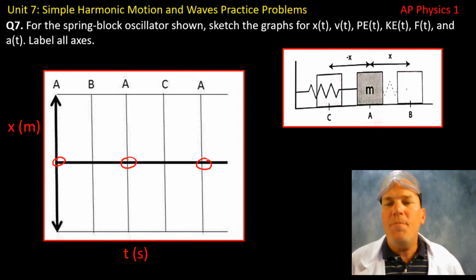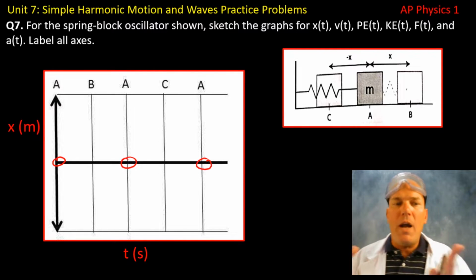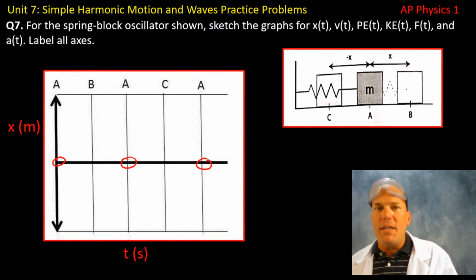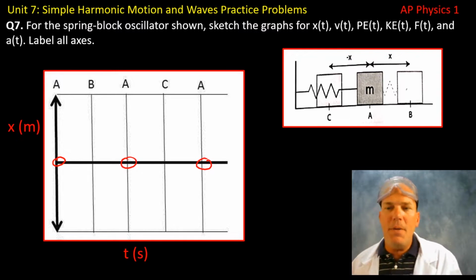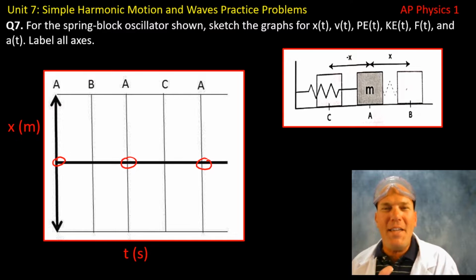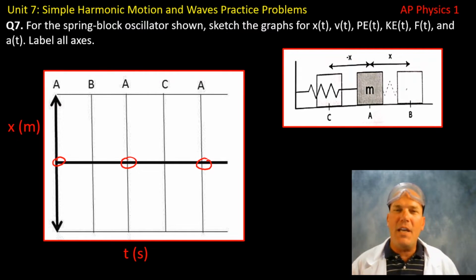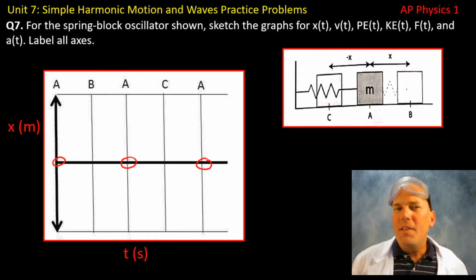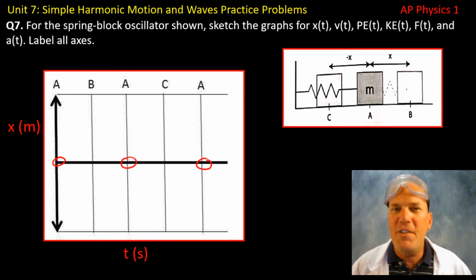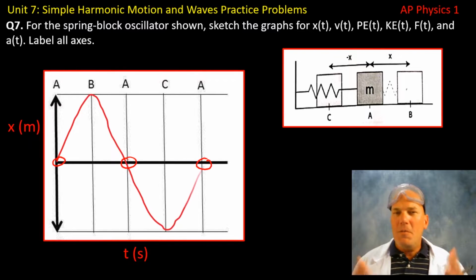Then it's moving to the right to B. And then from B, it's going to be moving back to the left. So think, what does it look like on a position-time graph for these different motions that I've just described? Here's what we get.